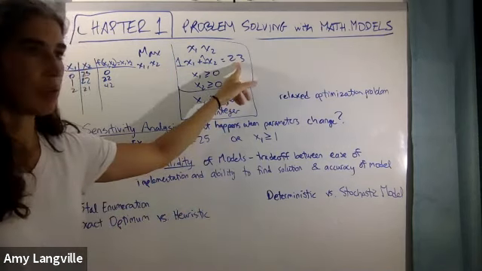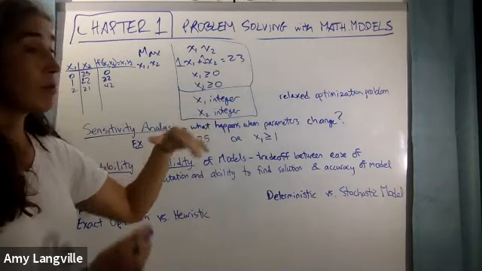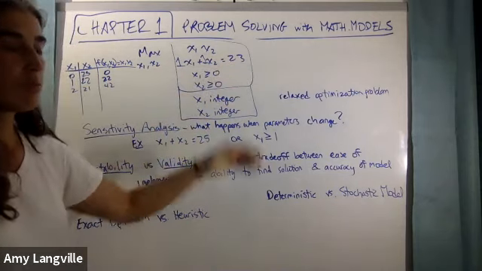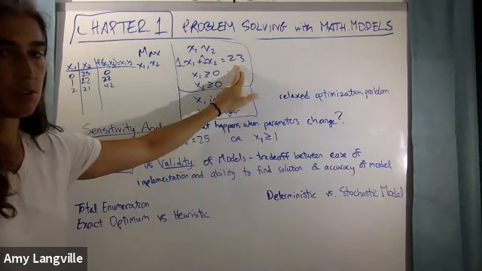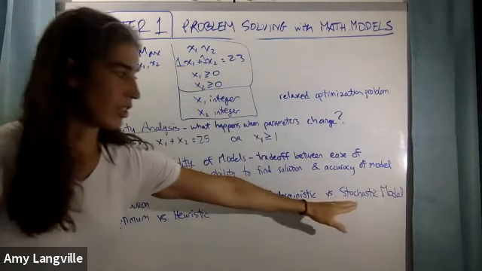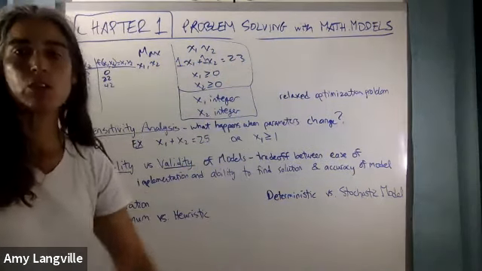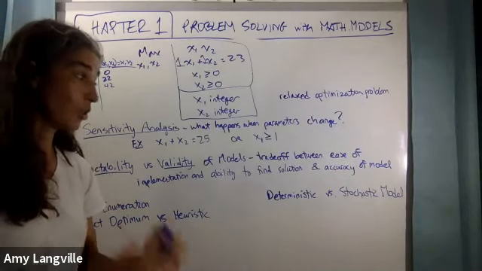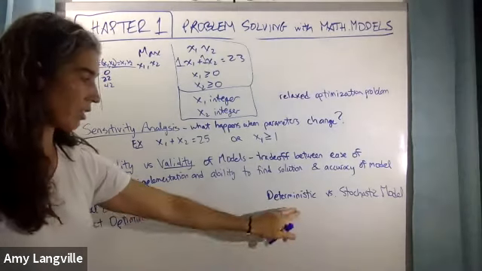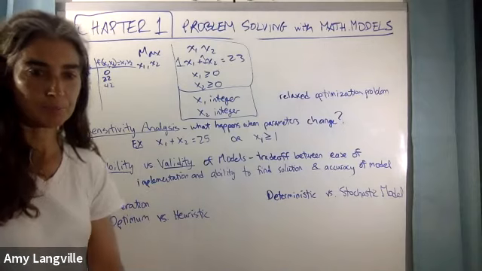So again, we're not certain about 23, maybe it was 25. Or maybe we know there's some range in there. We're 90% sure this is 23. That generates a stochastic model. That's a whole other field called stochastic programming. But we're going to stick with deterministic in this book.